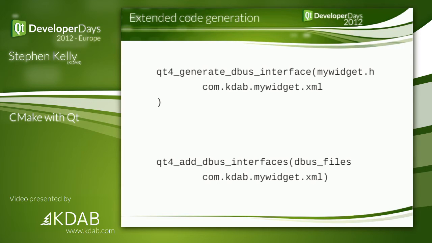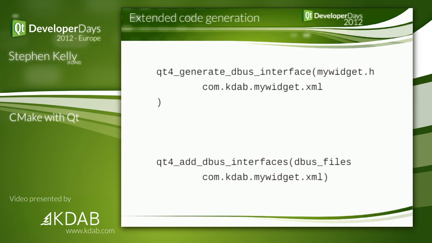How it works is you create XML definitions of an interface between different processes. Qt has a tool called qdbuscpp2xml, which parses header files and generates those XML interfaces. So we can have a dbus macro to automatically invoke the tool and generate the XML interface.